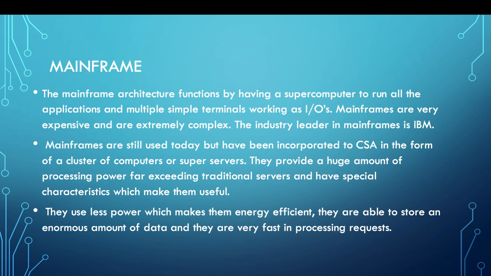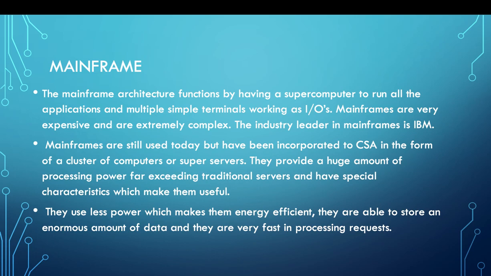Mainframe architecture functions by having a supercomputer to run all the applications and multiple simple terminals working as input-outputs. Mainframes are expensive and complex, and IBM is the industry leader in this. Mainframes are still used today and are incorporated into CSA in the form of cluster computers and super servers.